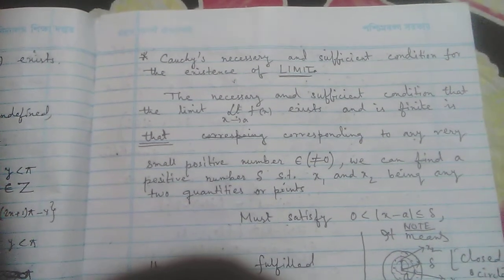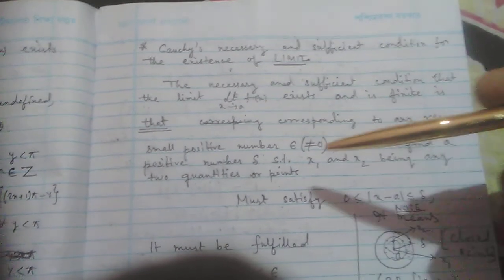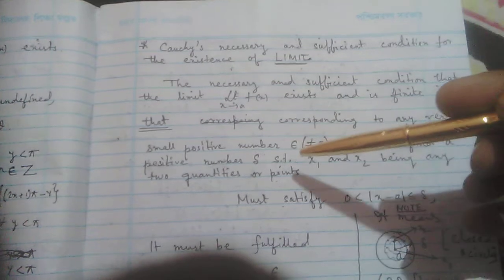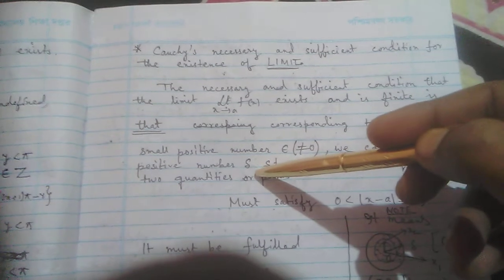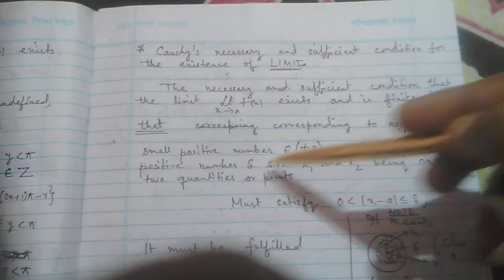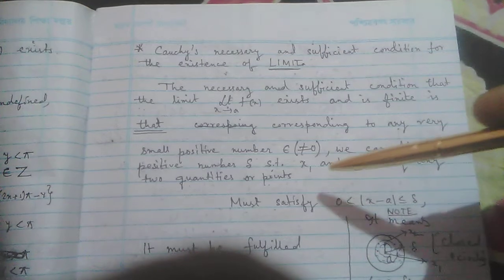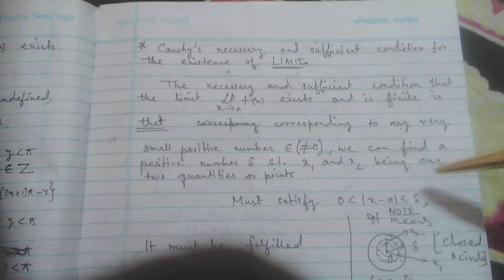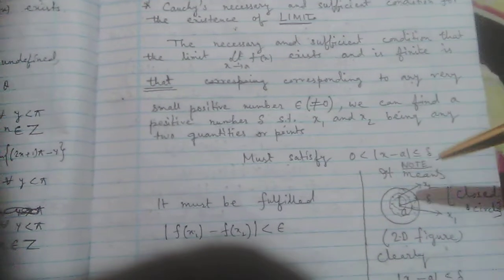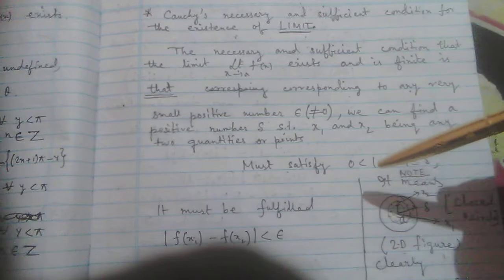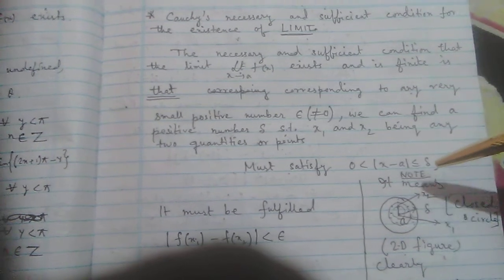is that corresponding to any very small positive number epsilon, not equal to 0, we can find a positive number delta, which is also very small but not equal to 0, such that for any x1 and x2, being any two points, must satisfy the first condition: 0 less than mod of x minus a less than or equal to delta.